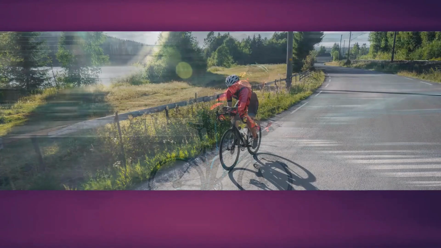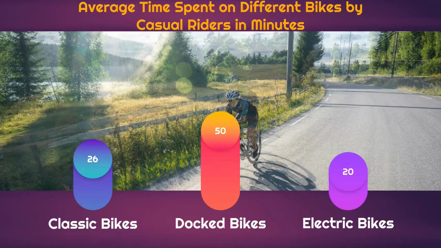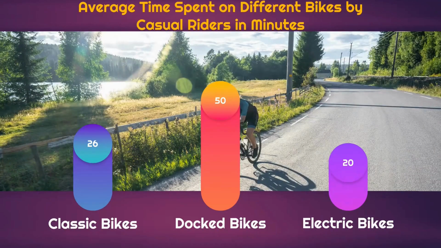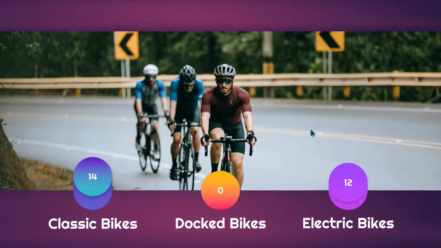Further, if we want to check the average time spent on different bikes by casual riders in minutes, they tend to spend 26 minutes on classic bikes, 50 minutes on dock bikes, and 20 minutes on electric bikes. And when we compare the same numbers with the annual members, it is noted that they tend to spend 14 minutes on classic bikes and 12 minutes on electric bikes.